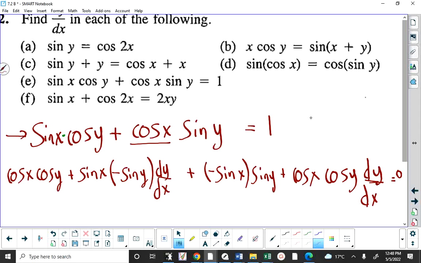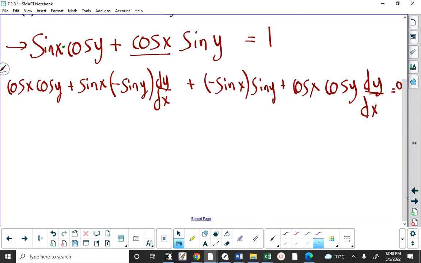The same thing goes, and those of you that are taking Math 30-1 with me right now, this is very similar to taking all of your terms that have x in them when you solve a logarithmic equation and moving those terms with x to one side. But here we want to solve for dy dx, so we're going to move all of the terms that involve dy dx to one side.